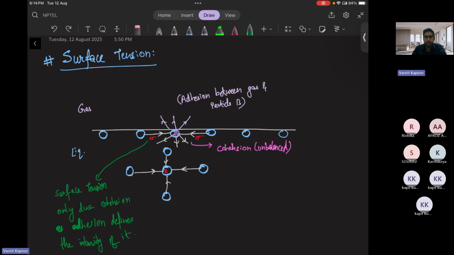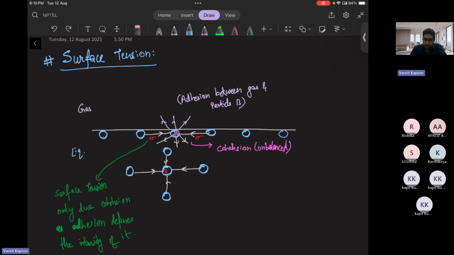Surface tension is happening because of the unbalanced cohesion forces, whereas adhesion is nothing but the interaction between two different liquids, or you can say fluids.